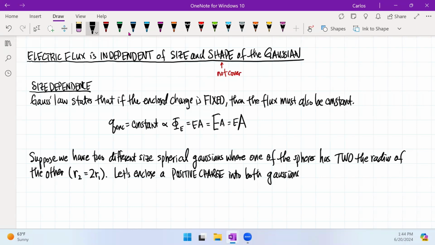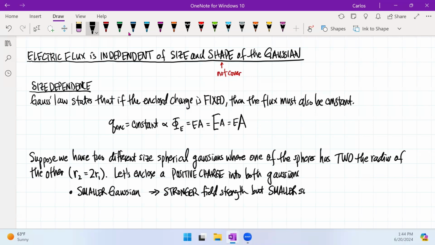So if I picked a small one, that means here that if we have a smaller Gaussian, we would expect a stronger field there, but smaller surface area.